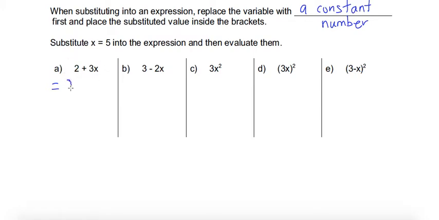So I have 2 plus 3, and because the 3 is directly beside your x, this is the same as multiplication. I can express multiplication by putting in brackets, or I can use a multiplication symbol. So the next step would be 2 plus, because we have to follow BEDMAS, we have to multiply 3 by 5 first. So 2 plus 15. And lastly, 2 plus 15 gives us 17.